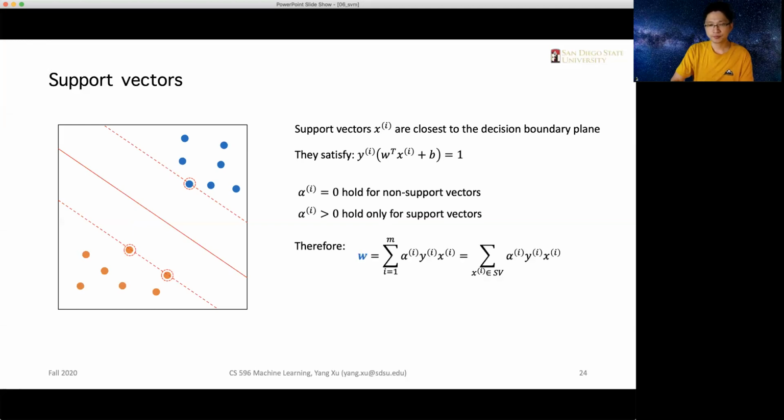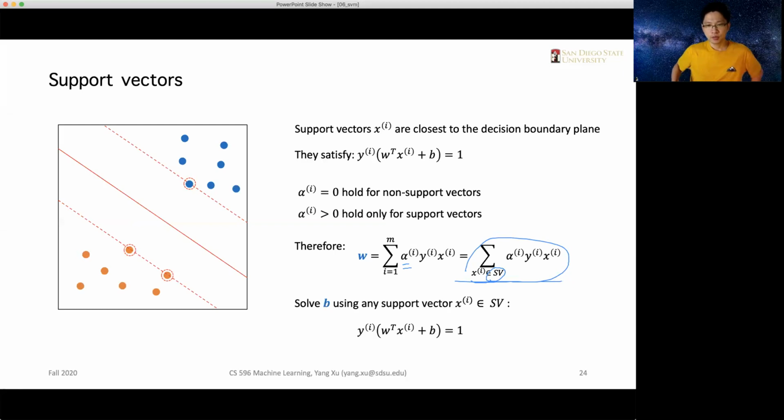We can simplify the computation of W by only considering those data points within the support vector set, because the majority of alphas will be 0. That's how we get W quickly.